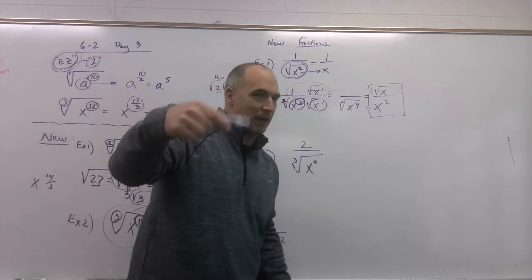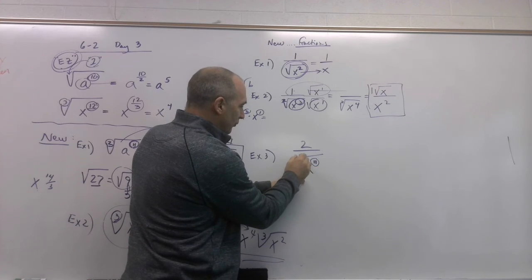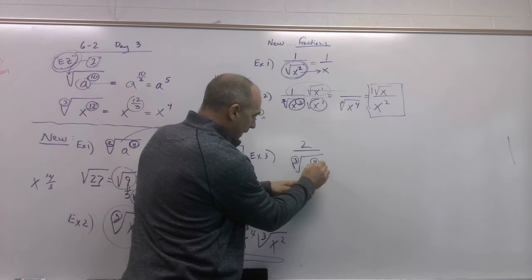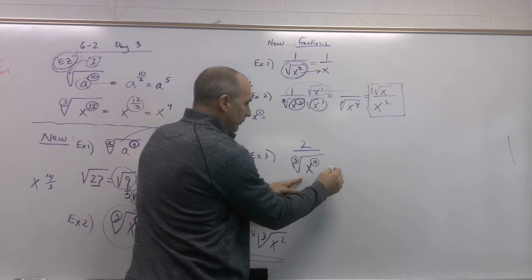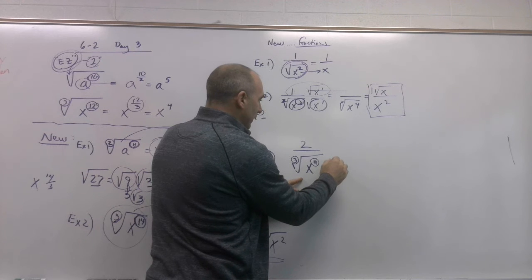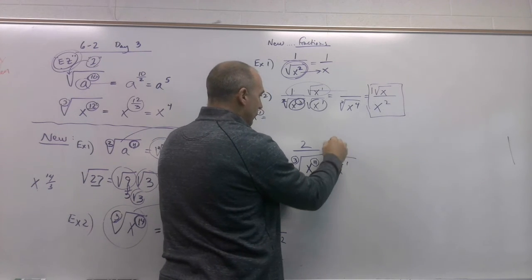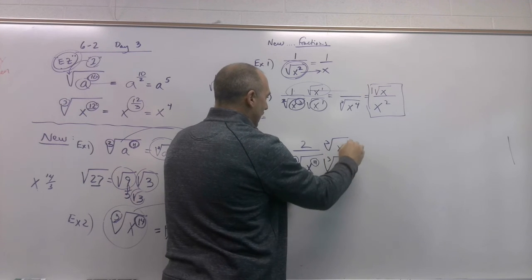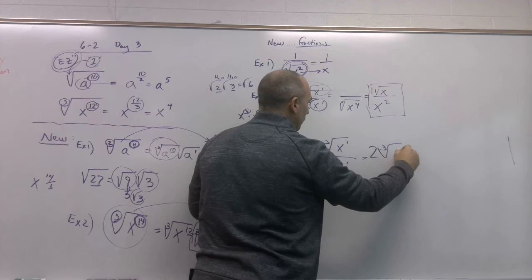With that theme in mind, we've got an 11. What's the first number bigger than 11 that 3 will go into evenly? 12. So what do we need to do? We need to add 1. But if we add 1 there, then we've got to add 1 there. Now on the top, we just get 2 cubic root of x.